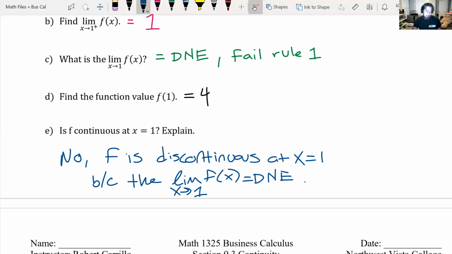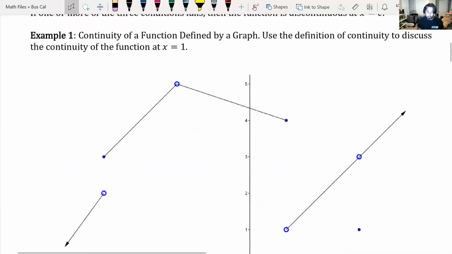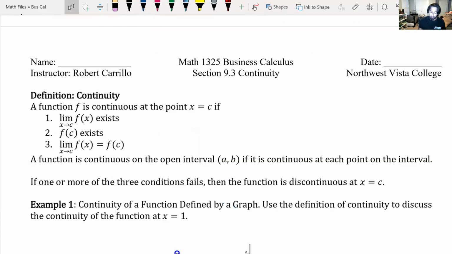There you go. And again, since we are referencing rules of continuity, let's just look at them again.